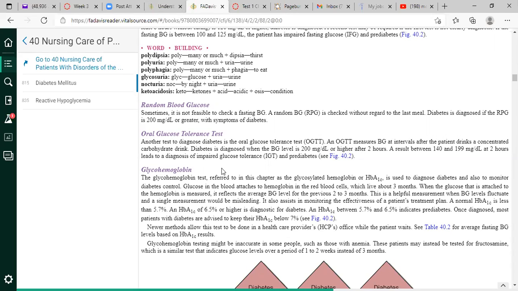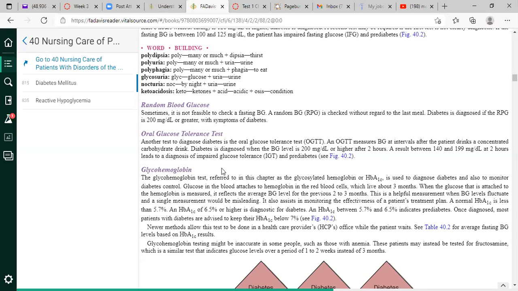And it tells you with the hemoglobin A1c, a normal HbA1c is less than 5.7%. An HbA1c of 6.5% or higher is diagnostic for diabetes.